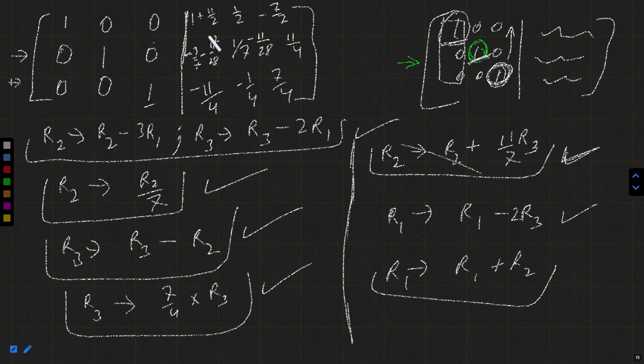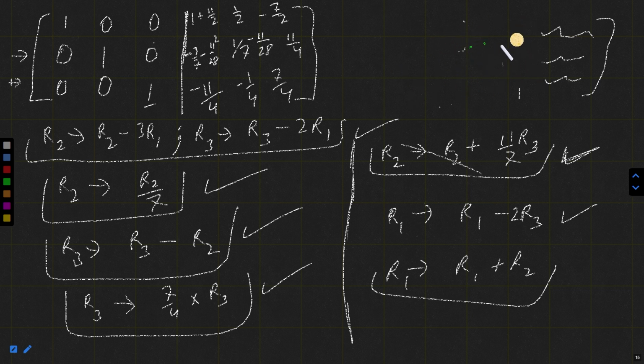Now for this R1 plus R2 I have to add these only. Okay, so let me do it over here. R1 plus R2. Okay, R1 plus R2. So it will be, let me first of all simplify things. So this will be 13 by 2. Okay. And this will be minus 3 by 7 minus 11 by 28.